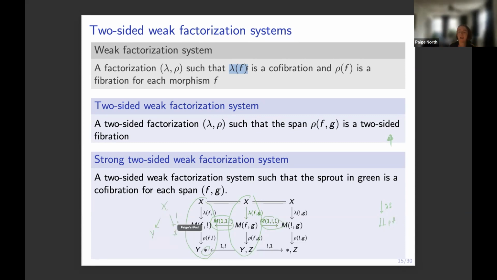And of course, the right-hand side of the span is trivial, so it's really only something about this map from X to Y. And similarly, we can project out to a factorization of this span, which is really just a map from X to Z. So we always have this projection to these two factorizations of just maps. And for technical reasons that are hard to explain, this will all behave nicely if we ask that this lambda is a cofibration rooted by these two guys. And we have enough leeway to prove the things that we want.